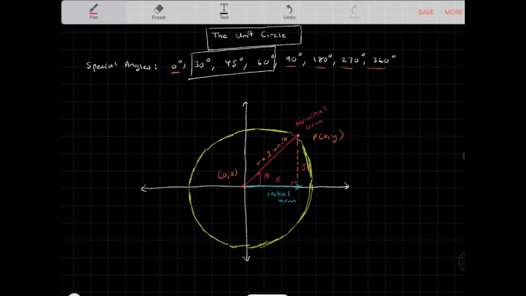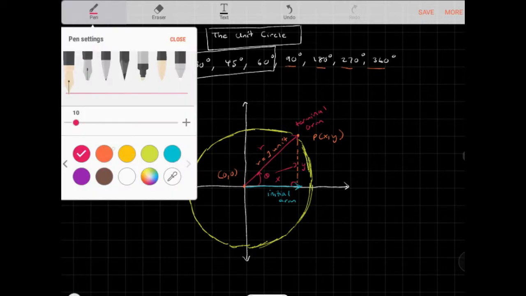So the ratios of the angles are as follows. Call the hypotenuse r. Sine theta is opposite over hypotenuse, so it's y over r. Cos theta is x over r, and tan theta is y over x. Now, there's a few things to note here.